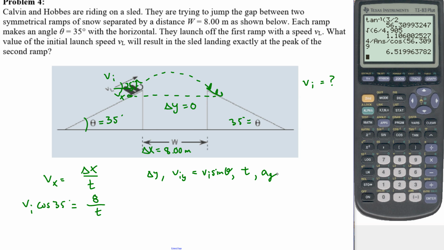So which equation has those 4 things? It's the same one we always end up using. This one. So let's plug in delta y is 0. VIY is just the whole initial velocity times sine of theta times t minus 4.905, half of 9.81, but it's negative, t squared.